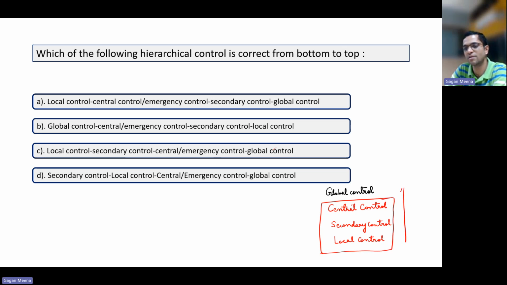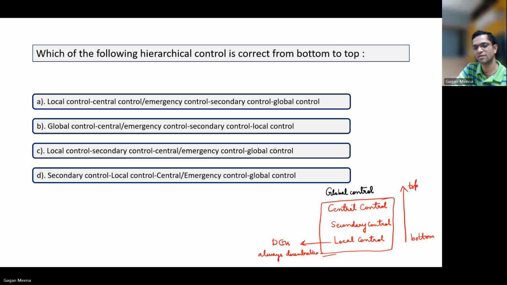This is bottom to top. The bottommost control is the local control, which is for a particular DG and which is always decentralized. I am repeating again and again so that you can remember these things. Never forget. And this is always centralized.